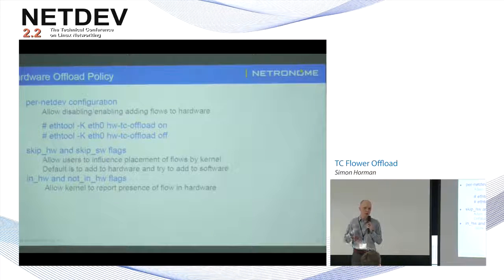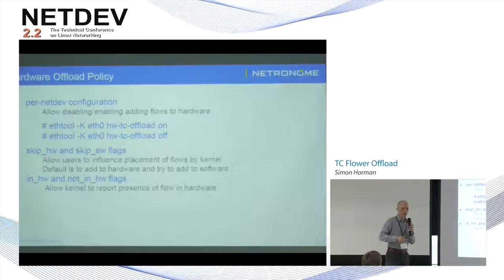Okay. It's all very well to be able to program rules, and one possible approach would be to do it transparently without the user knowing. In that kind of scenario, if you had a box and then you plug in some new piece of hardware that gets offload, or you upgrade the kernel so it supports the offload, then suddenly, without changing the configuration, everything would go faster. That would be a transparent model.